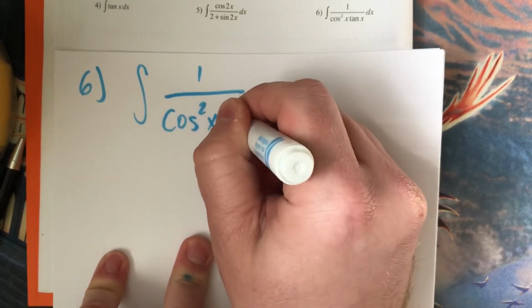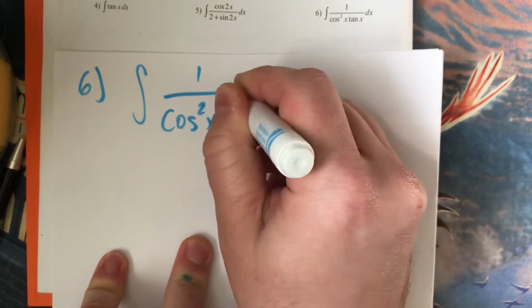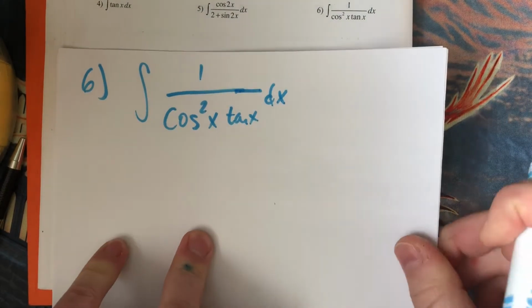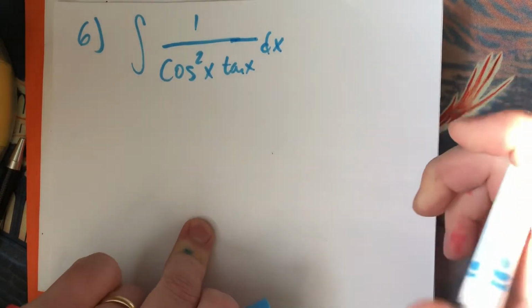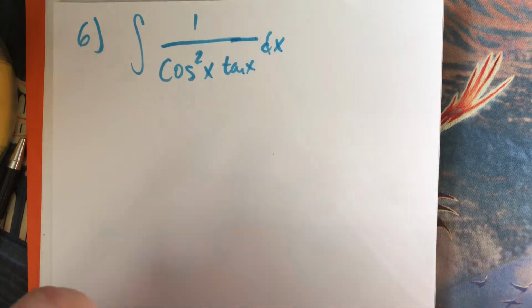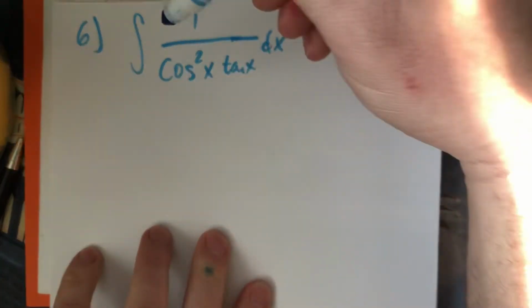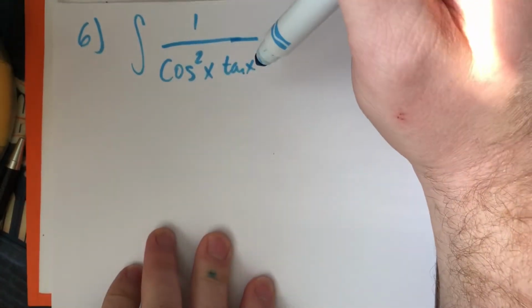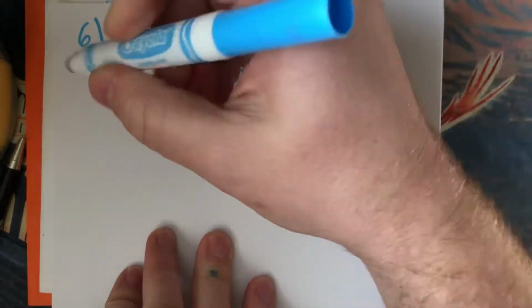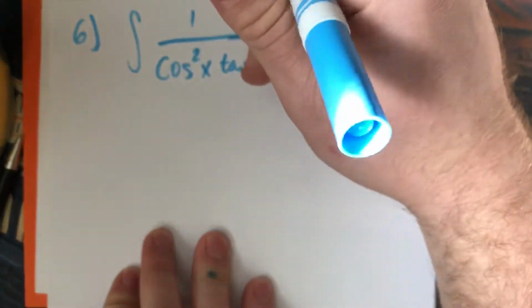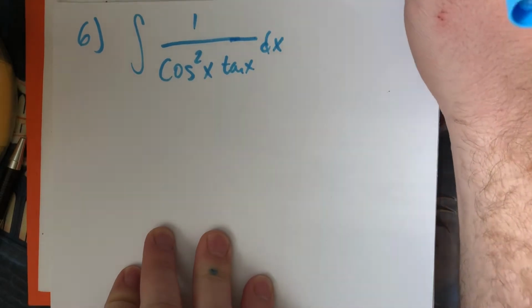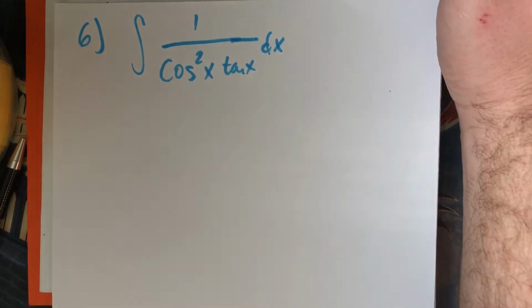Yeah, to some degree, you do the u substitution, the thing happens. So here's the deal with this one. Cosine squared and tangent, this is a very weird bottom. If I were to make u all of that, its derivative, I'm going to have to do product rule. That gets nasty really fast.